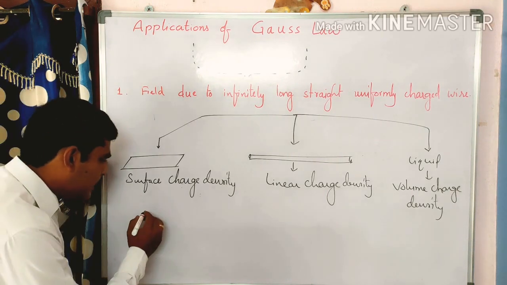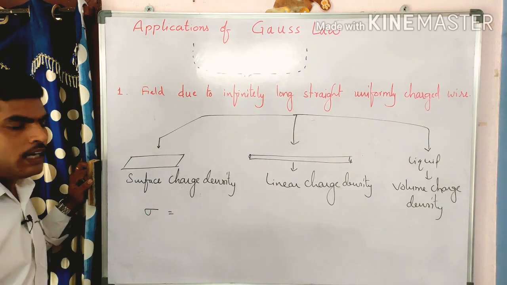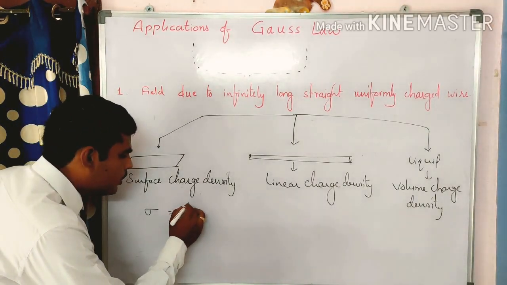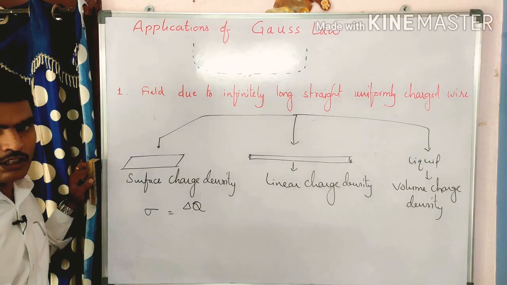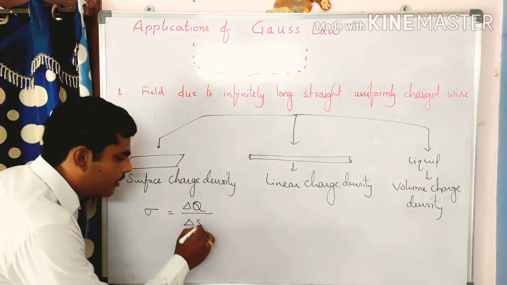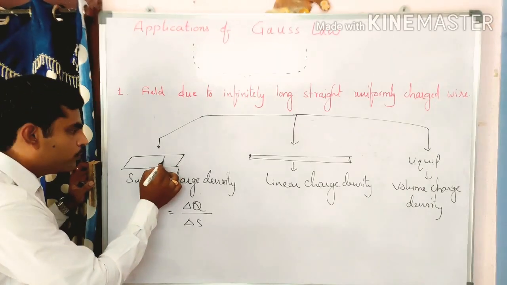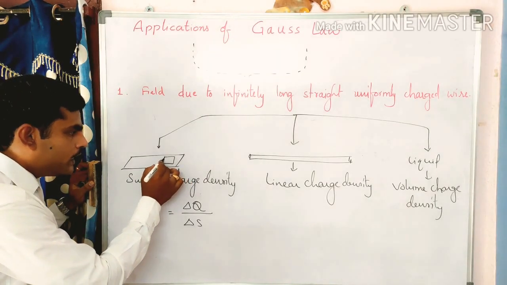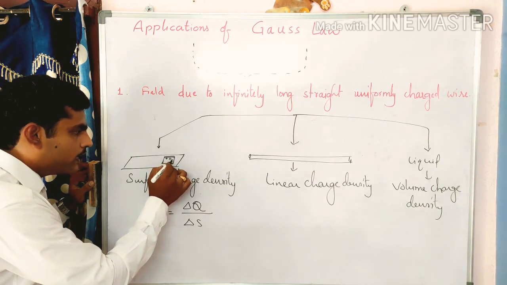Surface charge density is denoted by sigma, and it is the amount of charge present in a particular portion divided by its area. Just now we said you have taken a balloon, so I want to know a small portion of it.